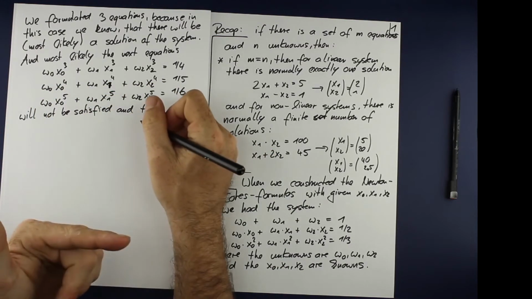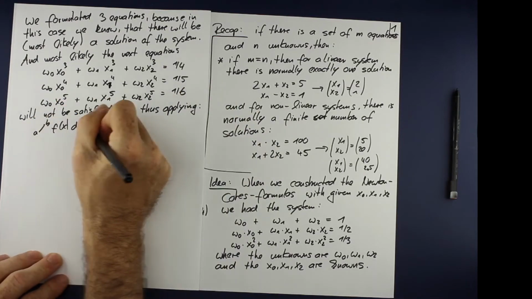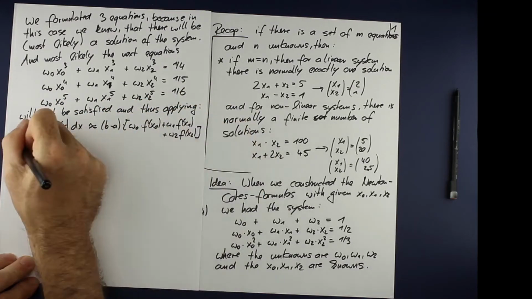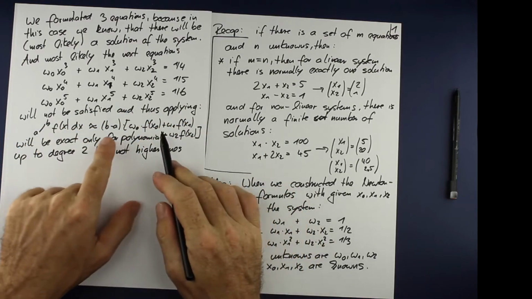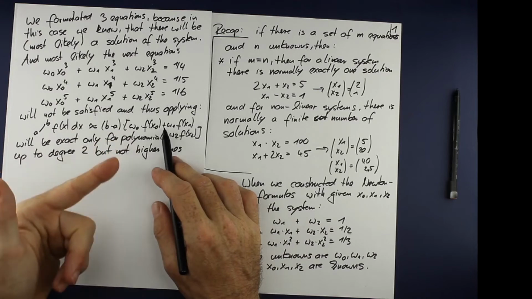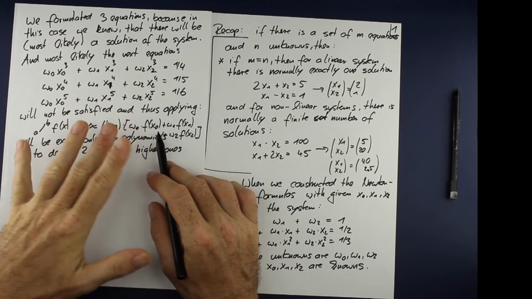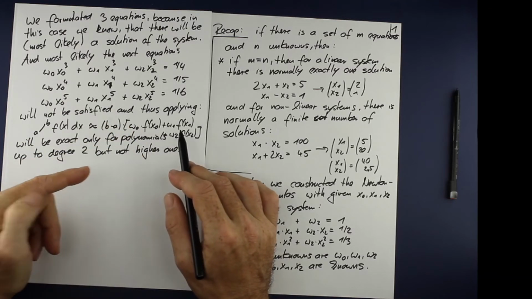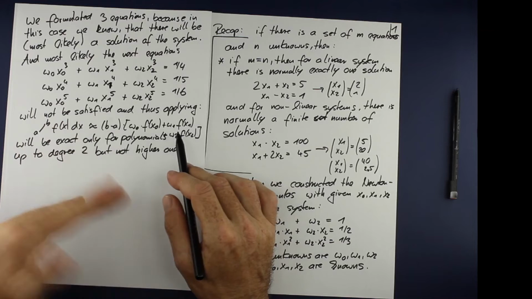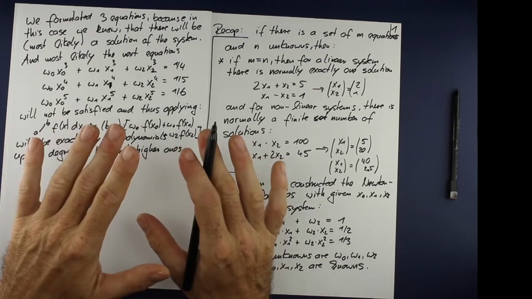And thus the formula, if we apply it, will be exact for polynomials only up to degree 2. If you remember everything I said, then you know this formula will also be exact for polynomials of degree 3, but this is kind of a surprise. Normally the expectation is it's only exact for polynomials of degree 2.